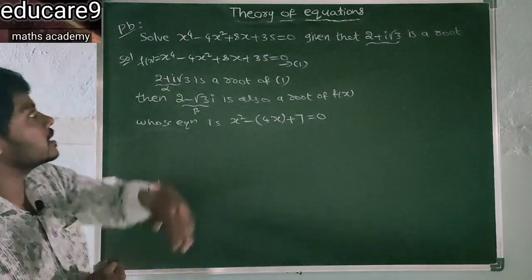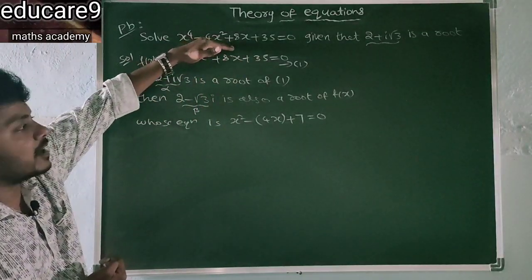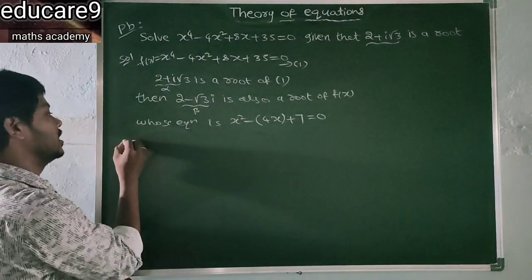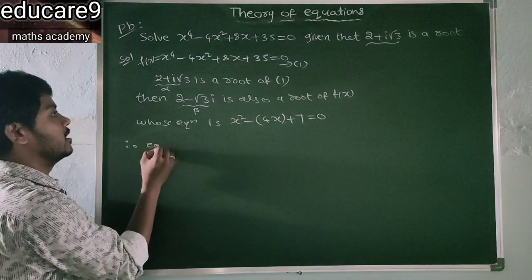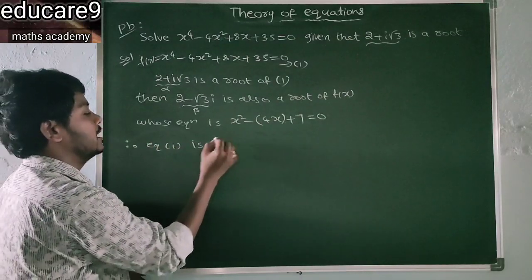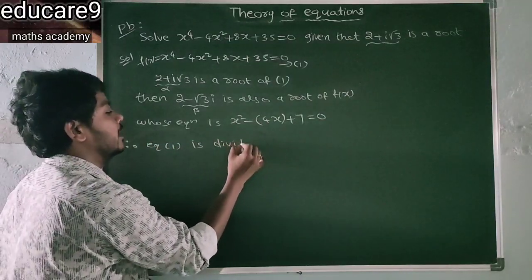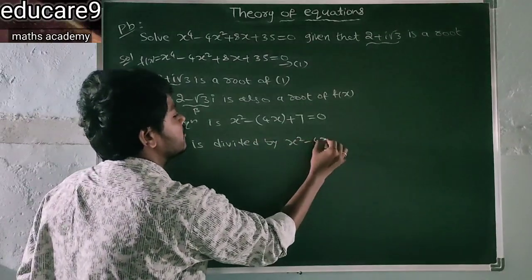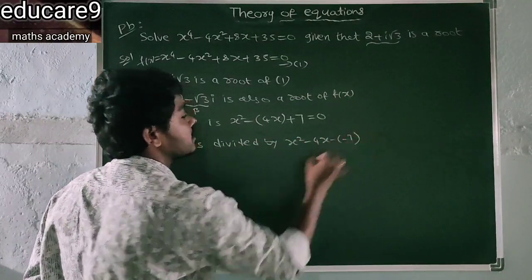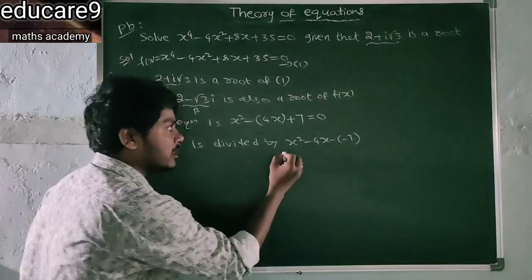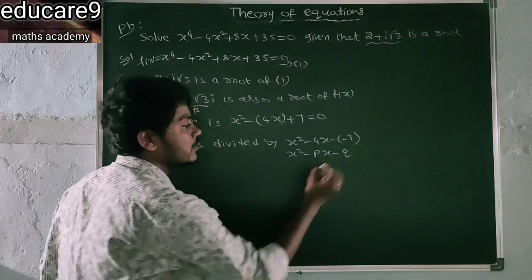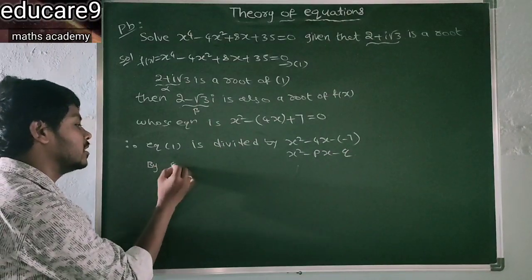So that means this polynomial is divided by what? Quadratic polynomial. So therefore equation 1 is divided by x square minus 4x plus 7. So clearly it is in the form of x square minus px minus q. Synthetic division method.